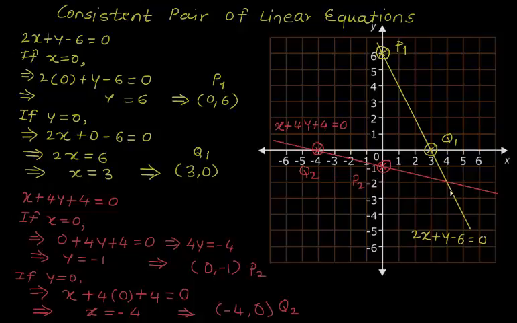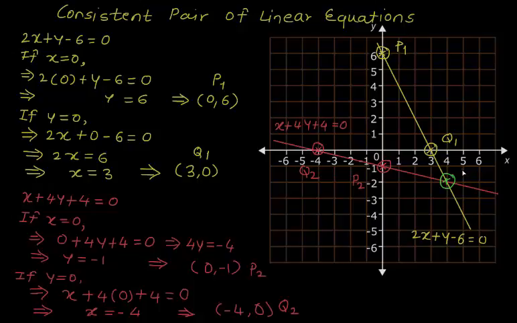These two lines are intersecting each other at one common point, and this point lies on both the lines. That means this point satisfies both the equations 2x plus y minus 6 is equal to 0 and x plus 4y plus 4 is equal to 0. So the common solution to these equations is the point on the graph where the two lines intersect.